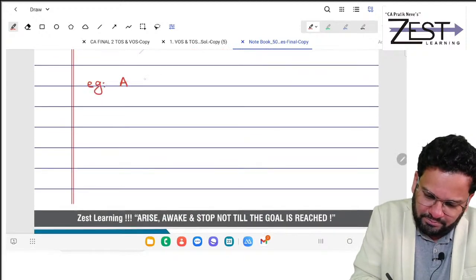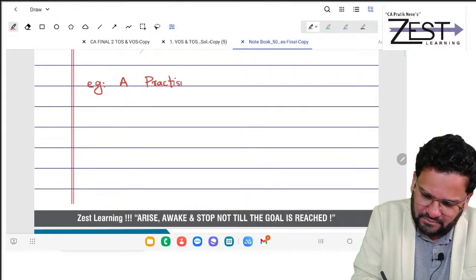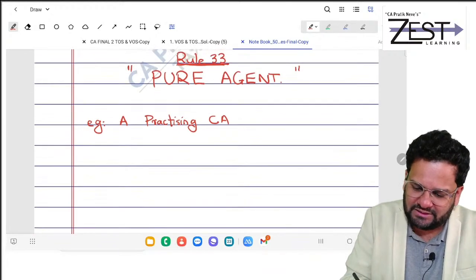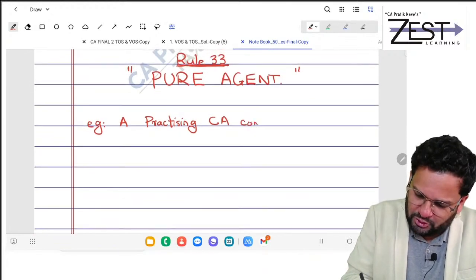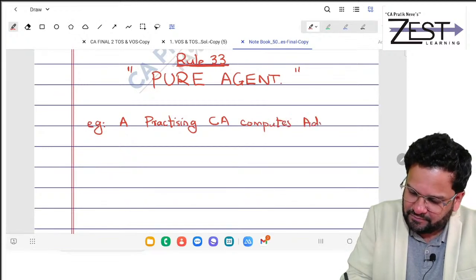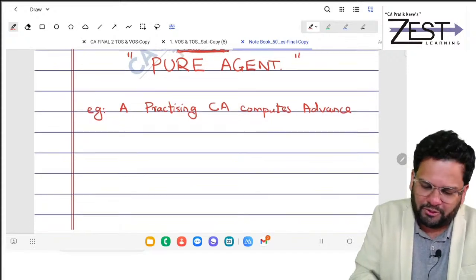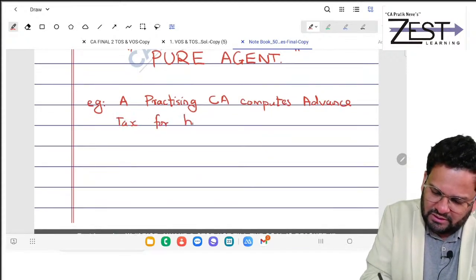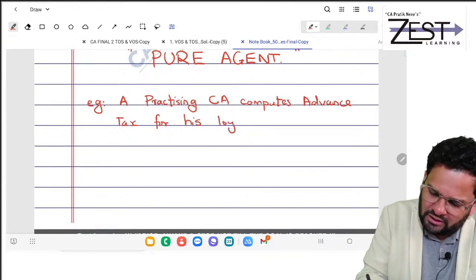A practicing CA computes advance tax for his loyal, very loyal client.